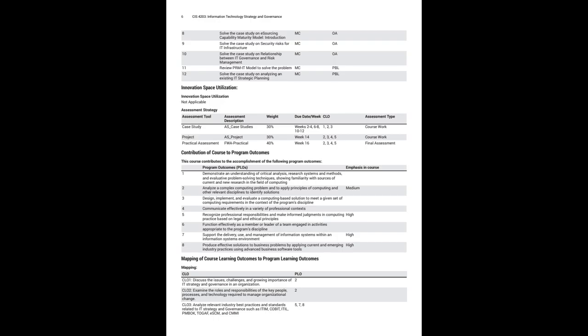You see here the exams are case studies. We will have 3 of them. They will cover CLO1, CLO2, and CLO3. And the case studies will be short answer questions, not multiple choice. That's how this course is designed.